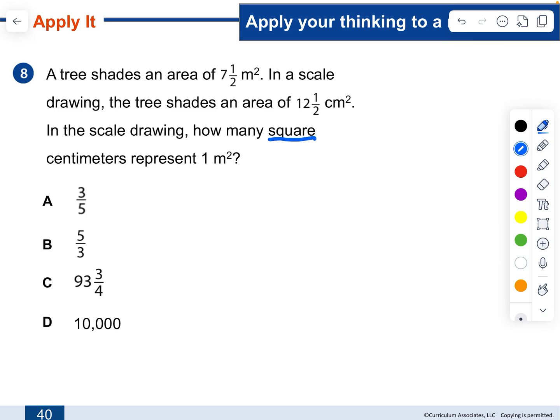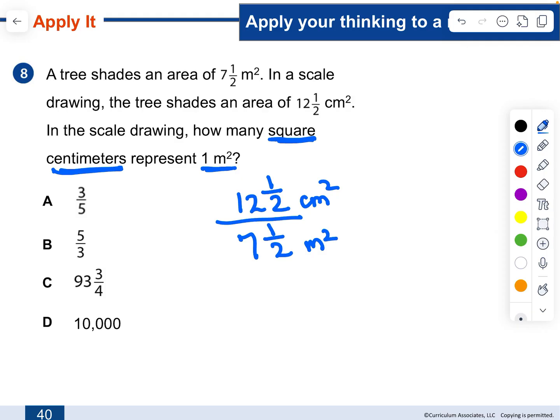So square centimeters to 1 square meter. So in this case, we need 12.5 over 7.5. Look at your wording. We want 1 meter squared, and this is our centimeters squared, meters squared. And so when I know I need 1 meter squared, that needs to be in the denominator.